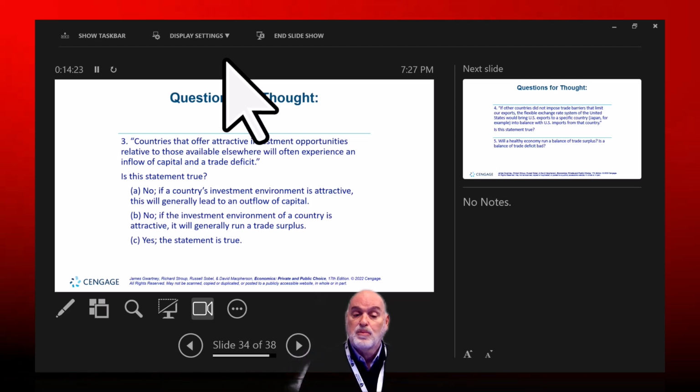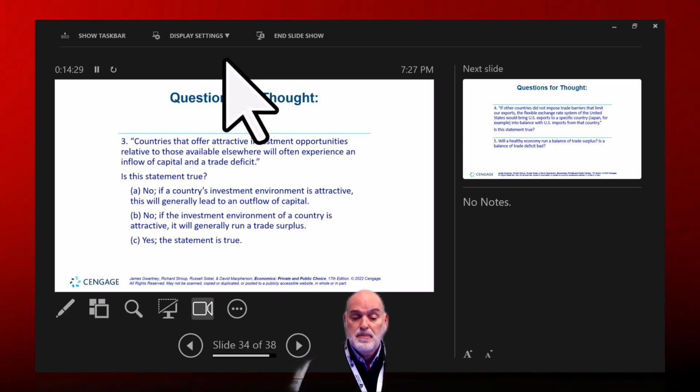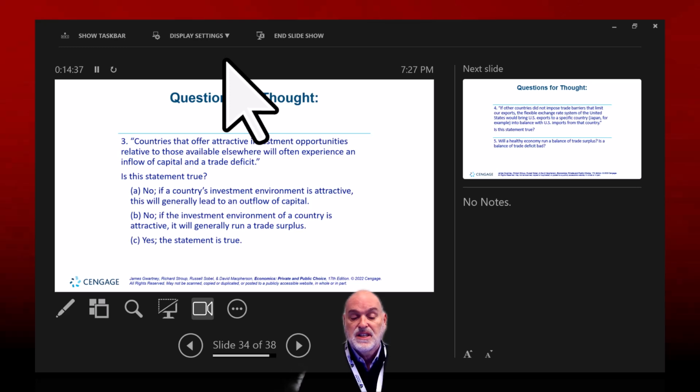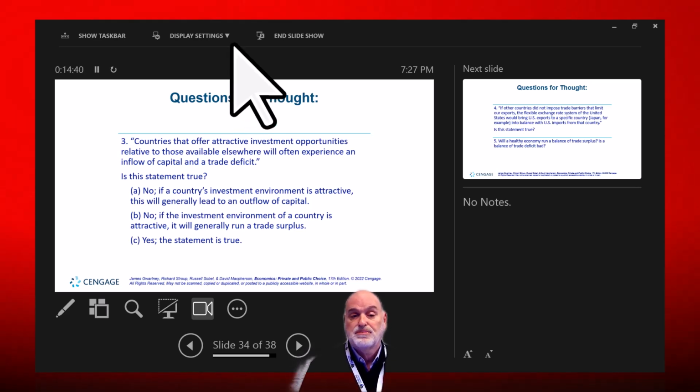A, no. If a country's investment environment is attractive, this will generally lead to an outflow of capital. B, no. If the investment environment of a country is attractive, it will generally run a trade surplus. C, yes, the statement is true.